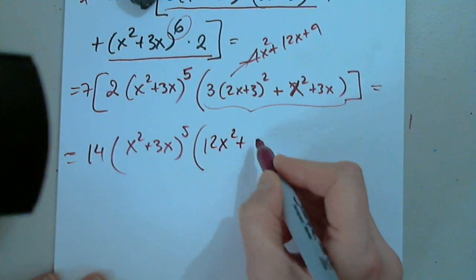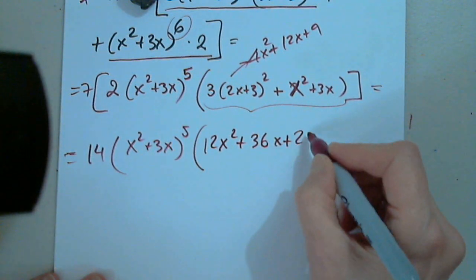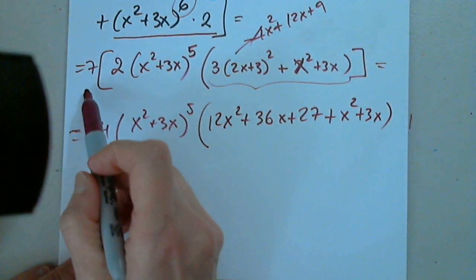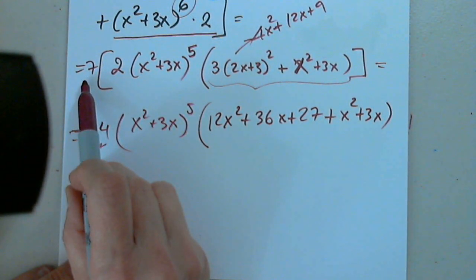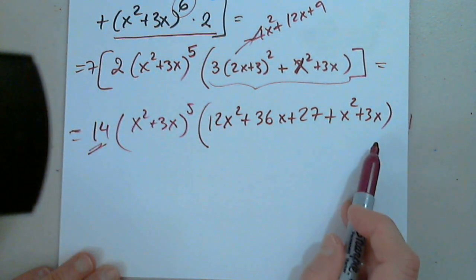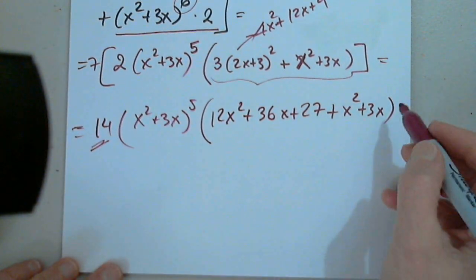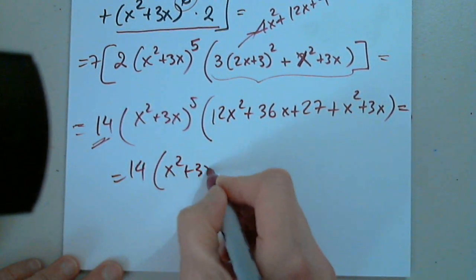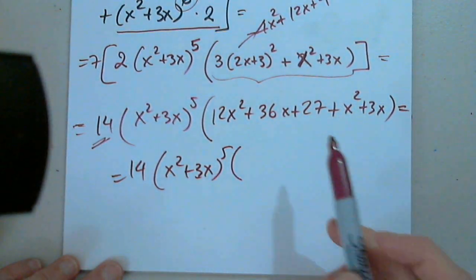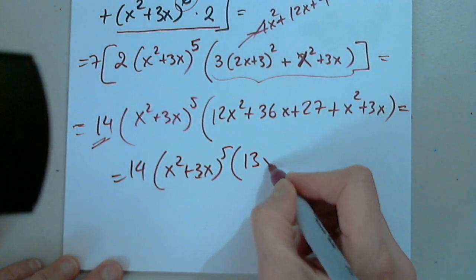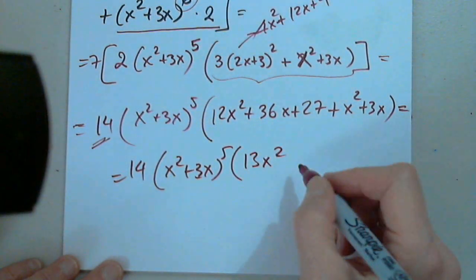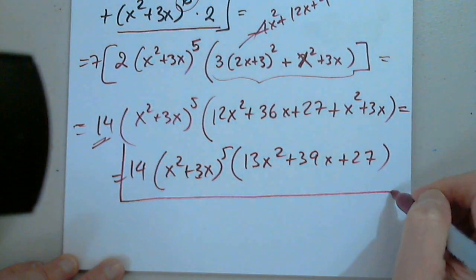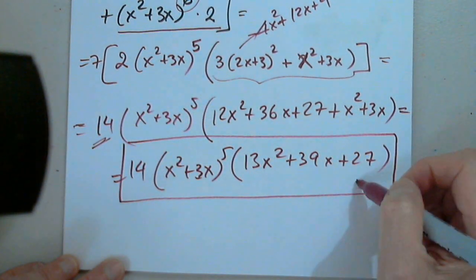So 12x squared plus 36x plus 27 plus x squared plus 3x. See why this 7 would have messed me up. The numbers would have been much more difficult to calculate. So leave it alone. (X squared plus 3x) to the 5th, and then 12 plus 1, 36 plus 3, and plus 27. And no one can further simplify this. This is done.